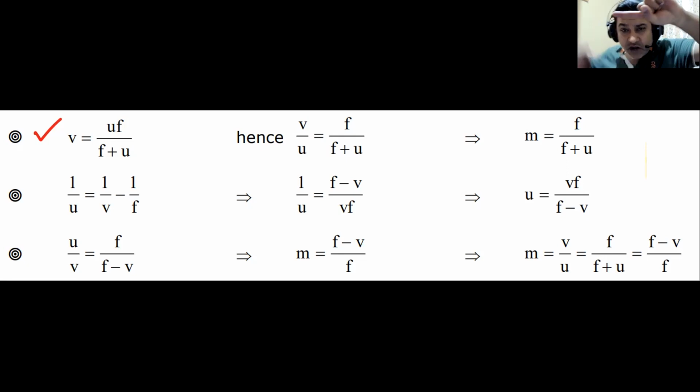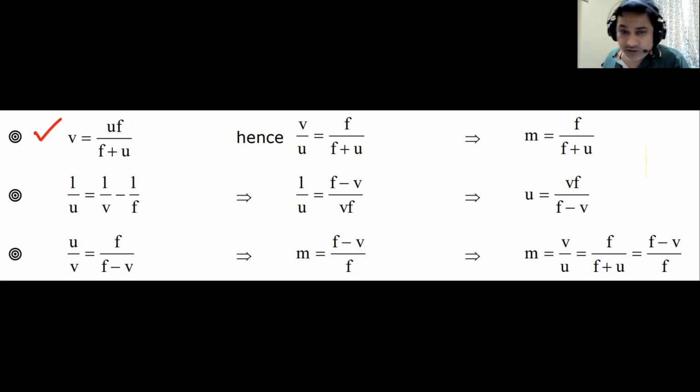It is positive. Opposite to the direction of light, it is negative. Above principal axis, positive. Below principal axis, negative. Focal length that we use in these formulas is the second focal length. Second focal length of convex lens is positive. Second focal length of concave lens is negative. That is what you use in all these formulae.